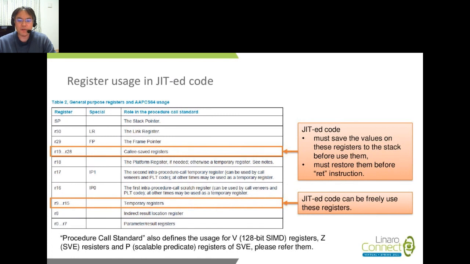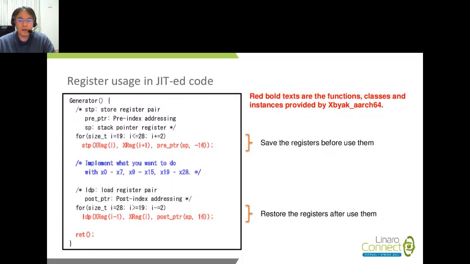The standard specifies that the 9th to 15th registers can be used freely, and that the 19th to 28th registers should be preserved. Therefore, you can save the 19th to 28th registers onto the stack memory at the beginning of your JIT code and restore them at the end of your JIT code.